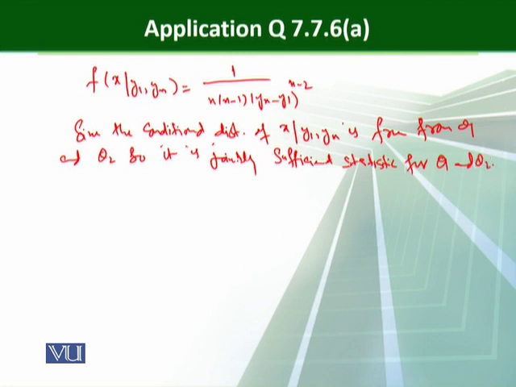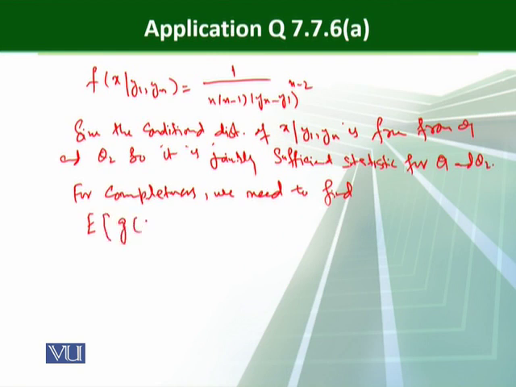Next we have to look for completeness, and for completeness we have a condition. We need to find that the expected value of g of y1, yn is equal to 0. So we can proceed as follows. We need a double integral in this case because we are handling the joint distribution.